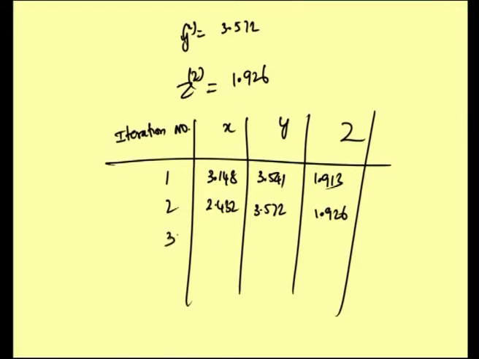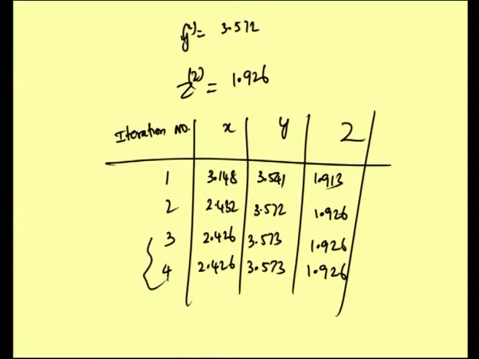Then third iteration values are 2.426, 3.573, 1.926. You can see iteration 4 values are 2.426, 3.573 and 1.926. So, third and fourth iteration values are the same, therefore, we stop the procedure.